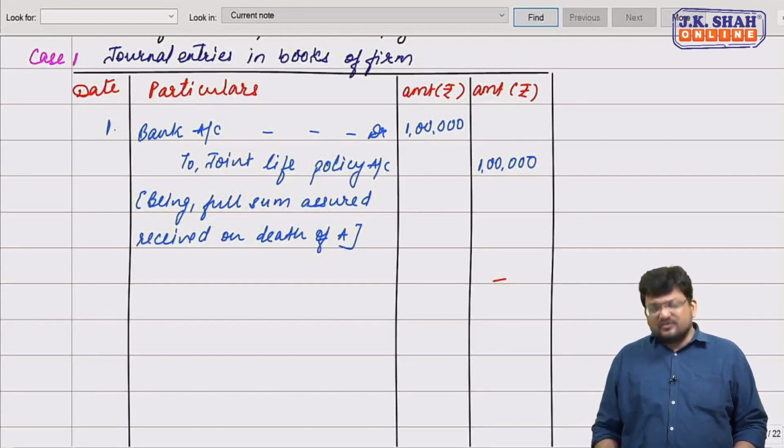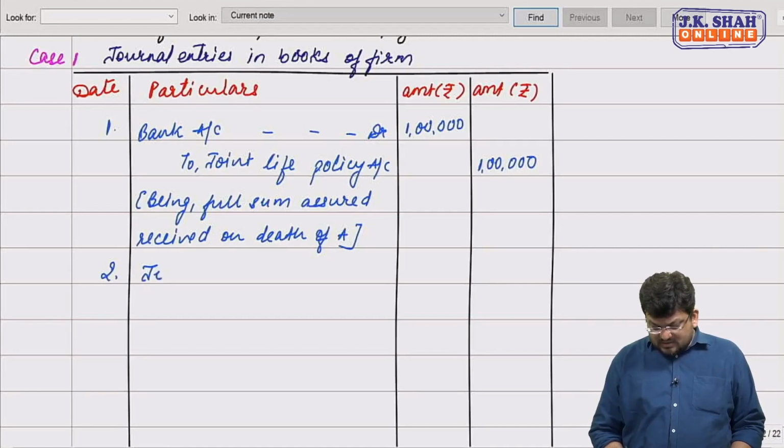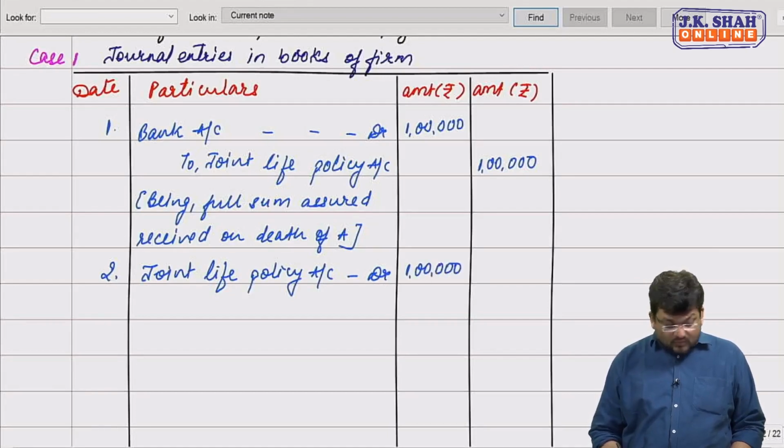So to distribute this, the second entry will be joint life policy account debit to partners' capital account in their profit sharing ratio.